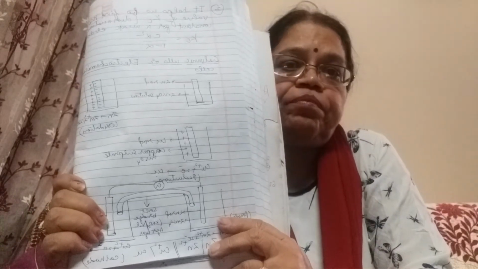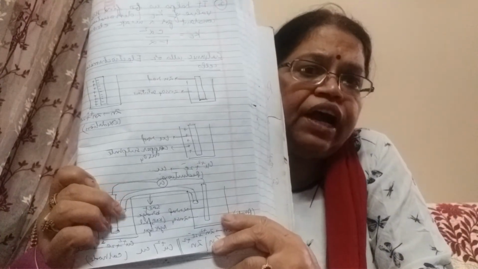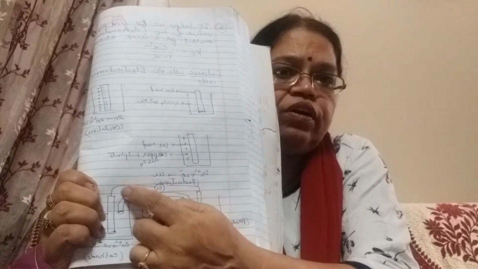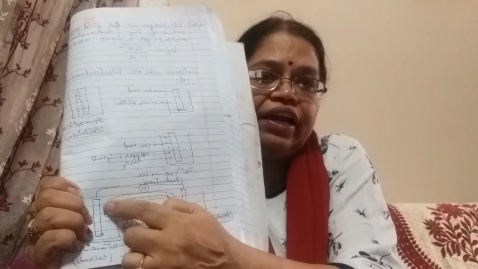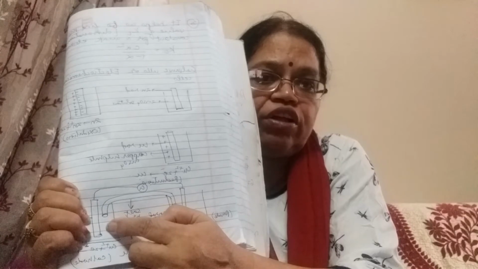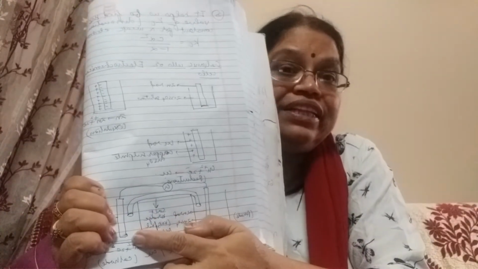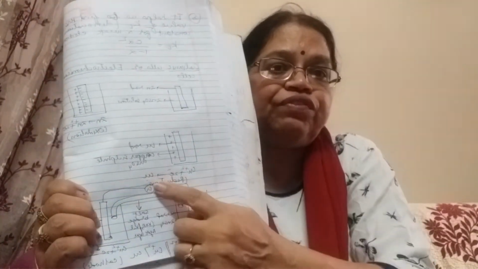After some time, a lot of zinc ions will get accumulated, and negative electrons will get accumulated on the zinc strip. These zinc ions will stop the external flow of electrons.